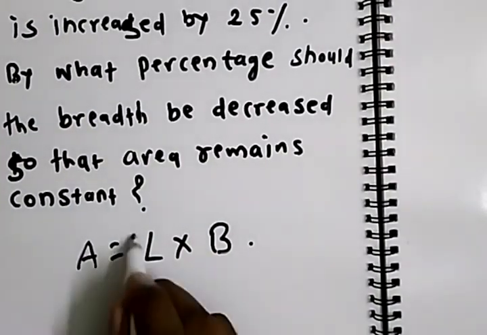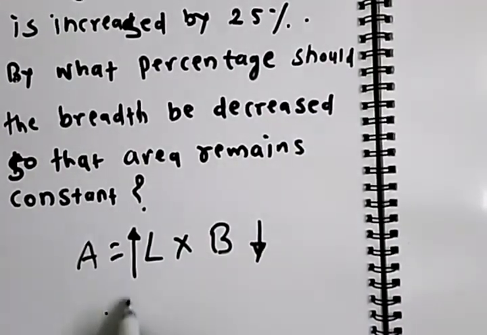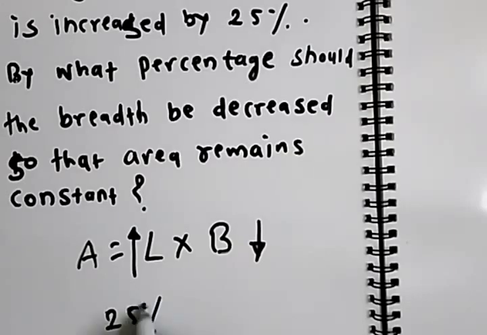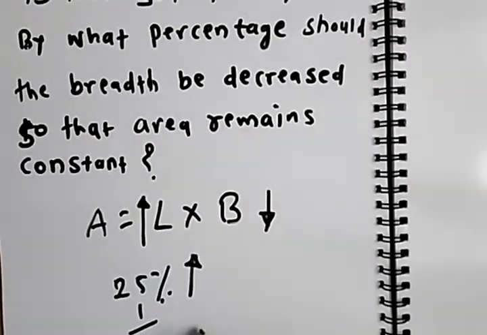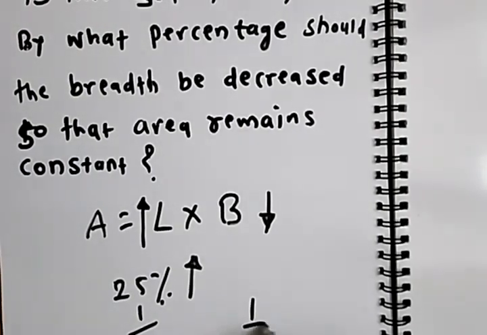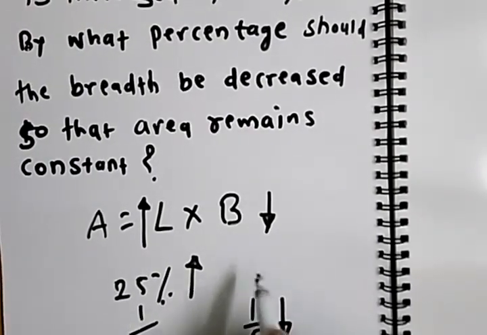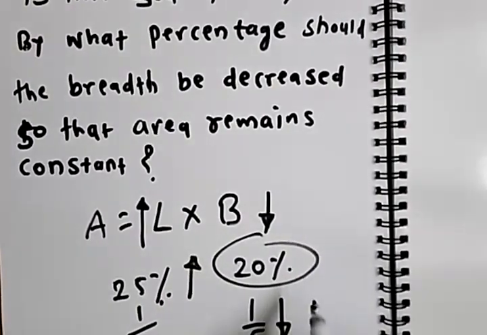That's why if we increase length, breadth will decrease, right? Now length is increasing by 25%. That means it is increasing by 1/4. So the breadth has to decrease by 1/5. Decreasing by 1/5 means decreasing by 20%. So the breadth has to decrease by 20%.